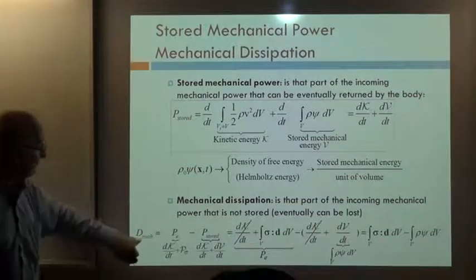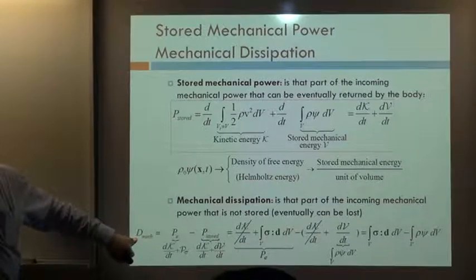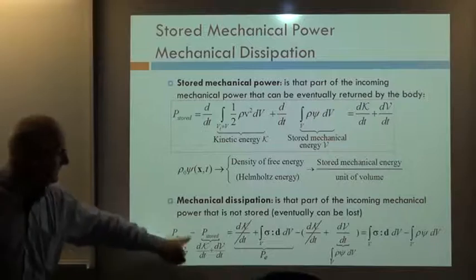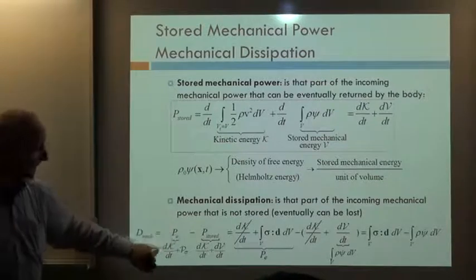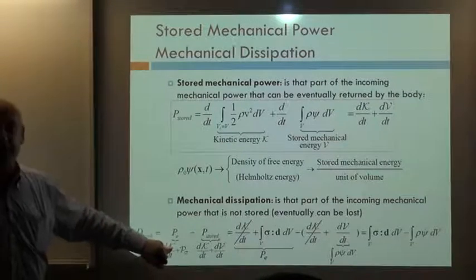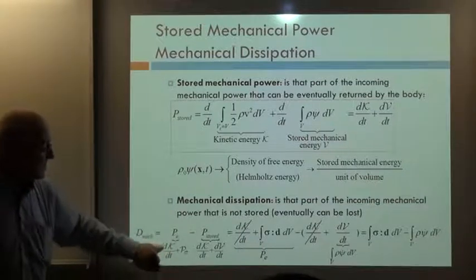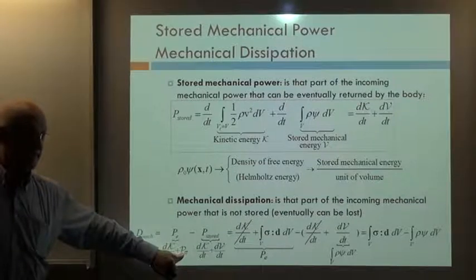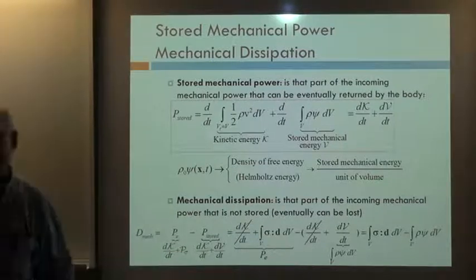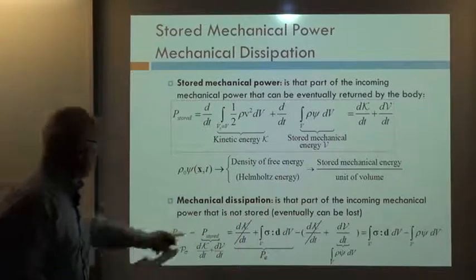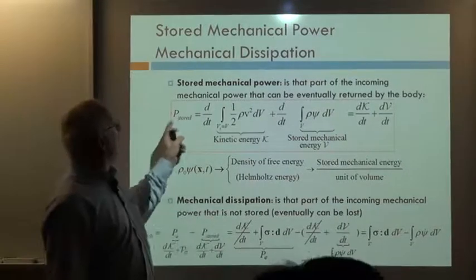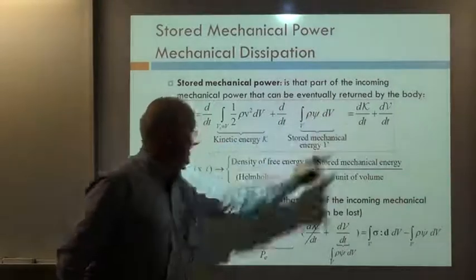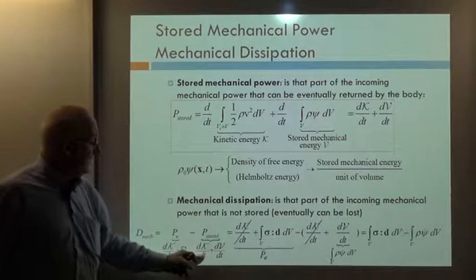So we can talk about the mechanical dissipation, which we'll denote by D, which is the difference of the entering mechanical power. I recall that this was, in virtue of the theorem of expended power, the variation per unit of time of the kinetic energy plus the P sigma, which stands for the stress power, minus the stored mechanical power, which is in turn dK/dt plus dU/dt.